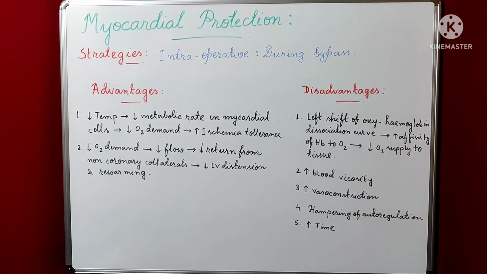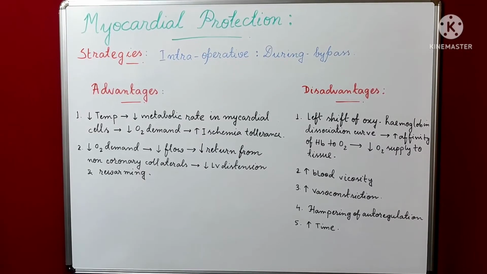And next are the disadvantages. The first disadvantage is left shift of the oxyhemoglobin dissociation curve. We all know what the oxyhemoglobin dissociation curve is. With left shift, the affinity of hemoglobin to oxygen is increased. That means hemoglobins are more strongly attached to oxygen. Then what will happen?